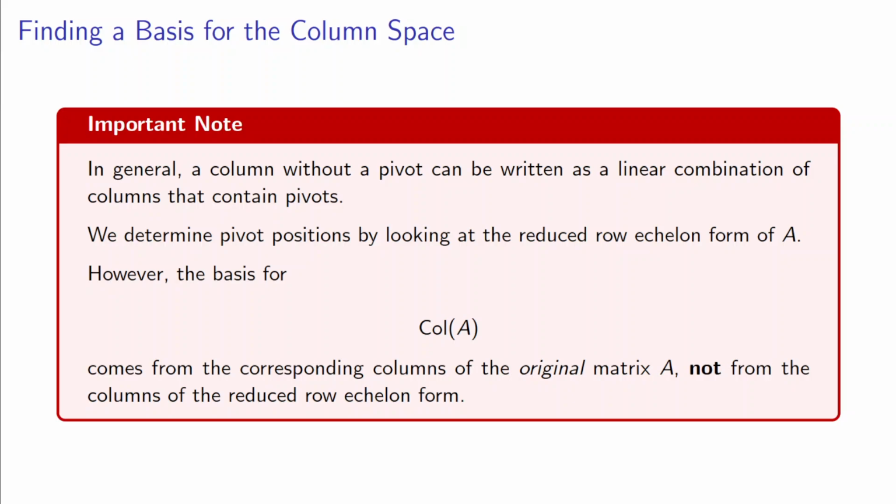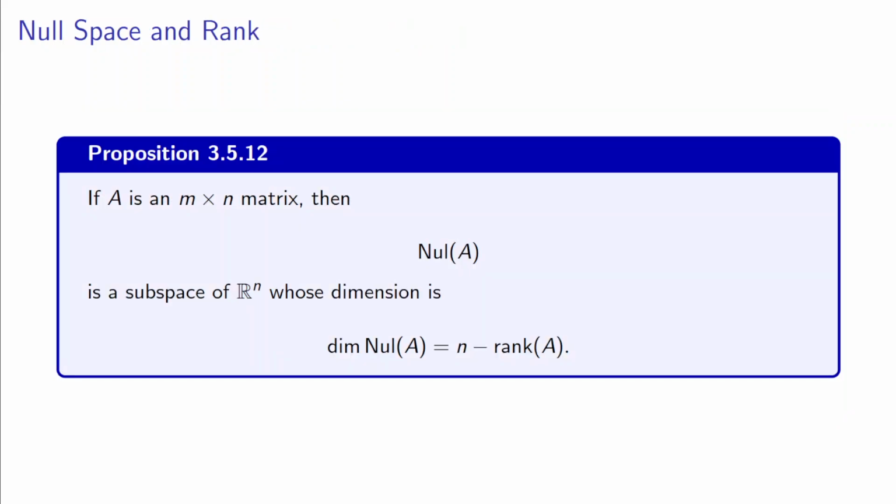We determine pivot positions by looking at the reduced echelon form of A. However, the basis for the column space of A comes from the corresponding columns of the original matrix A, not from the columns of the reduced echelon form. So just be careful with that. Sometimes it's not going to matter, but oftentimes it will. So make sure you're finding those pivots with the reduced echelon form, but you're going back to the original matrix to actually form your basis for the column space.